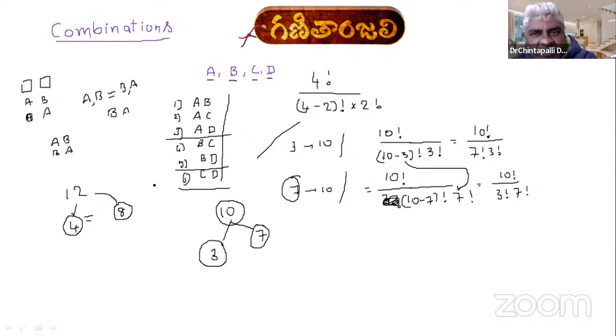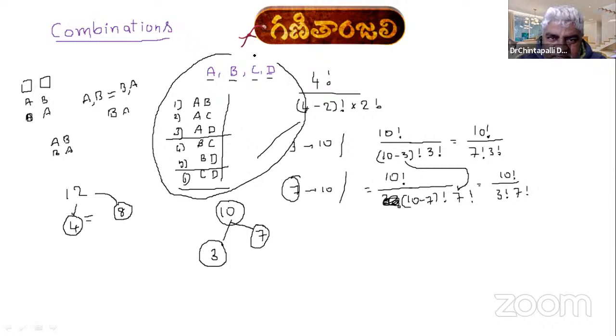Coming to the point, there is a special symbol to describe this process. Selecting 2 things out of 4 things is called 4C2. 4 is the upper index, on the left side top, and 2 is the lower index, on the right side down.